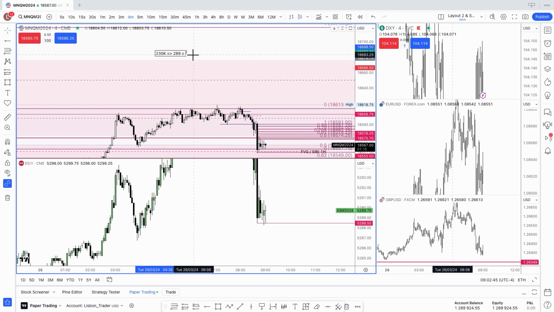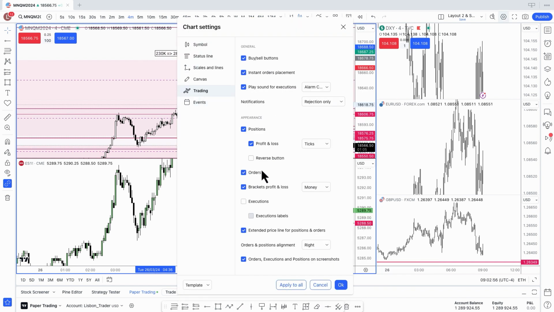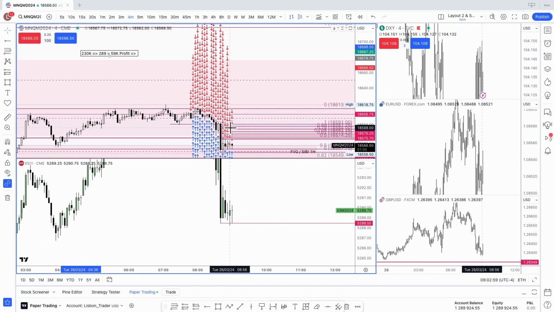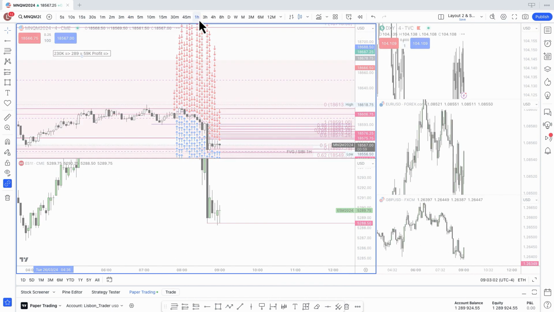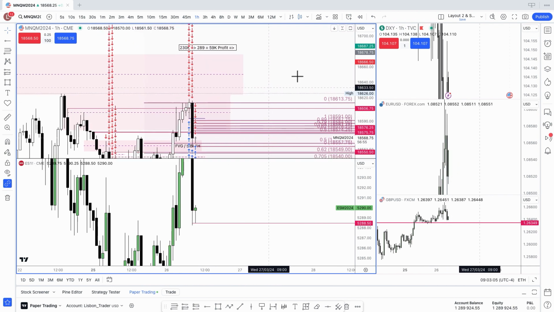So 59k profit, and this was in, let's see, so let's put this on an hourly candle. 1, 2, 3.